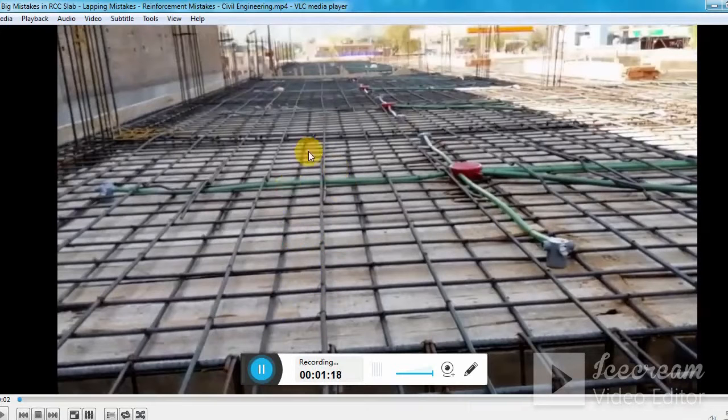Let me assume that in this direction the bars are the main bars. Okay. So if they are the main bars, all the bars should be provided at the bottom, okay, and all the bars in this direction should be at the top.